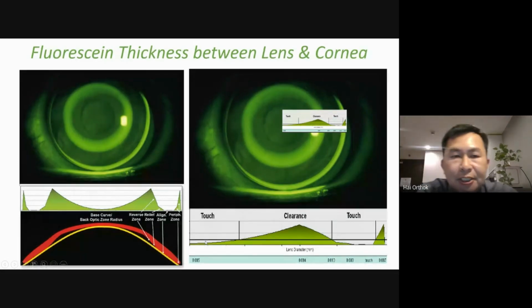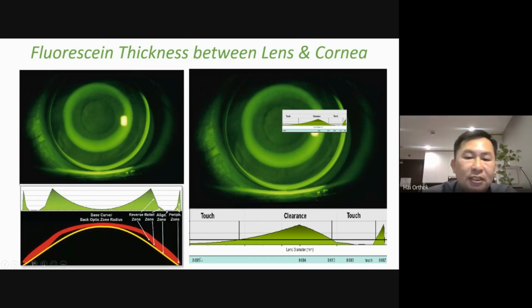And as I mentioned, for long-term use in orthokeratology, practitioners, please focus on the fluorescein thickness. We should create a very good fluorescein pattern like this. It's not only because it's the ideal fitting, but it's also a good amount of tear under the lens for the safety of the cornea.